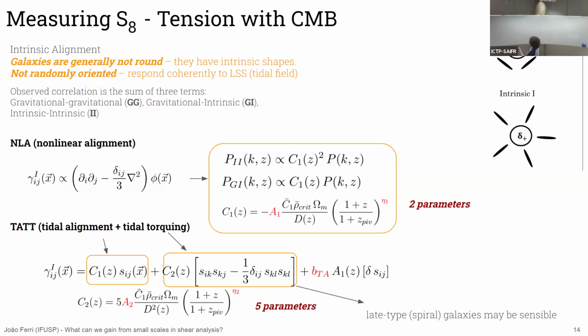I'm sorry, the intrinsic alignment, this is basically a model for the intrinsic shear, not the total shear. So it's basically an expansion of the tidal field. So why is it called intrinsic if in fact it's determined by the tidal environment?